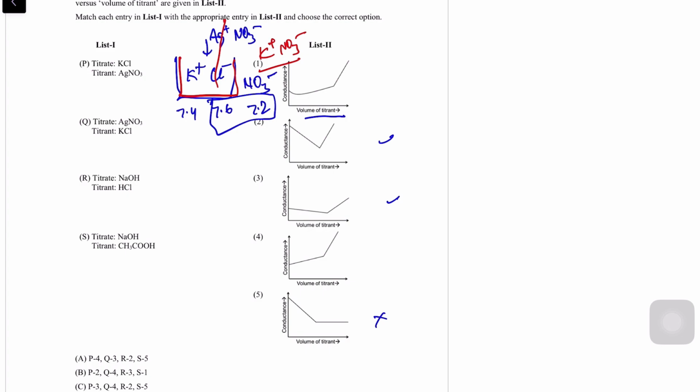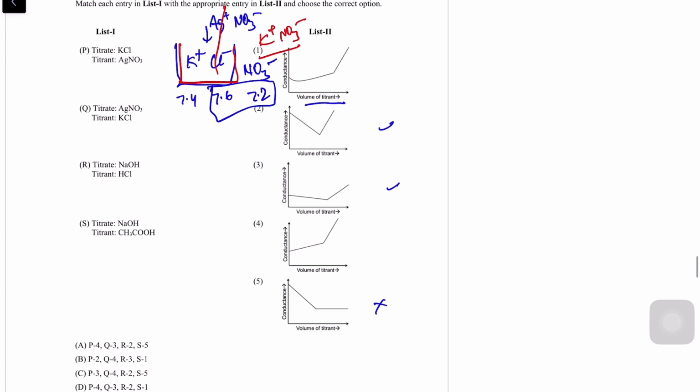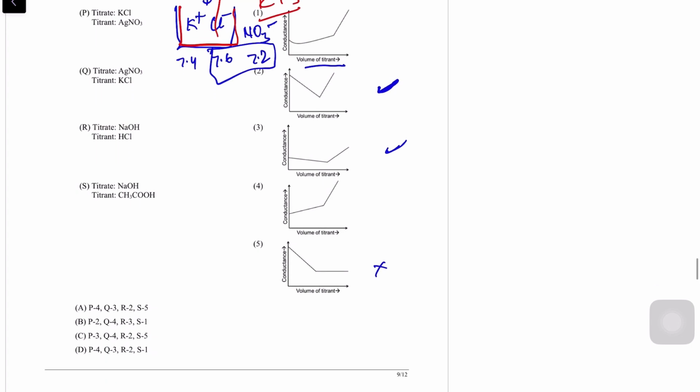It will be 0.4. Okay, but we'll not take our chances and let us focus on option 2 and option 3. Okay, so P matches with option 2 and option 3, so that means option B or C, one of these has to be the correct answer.